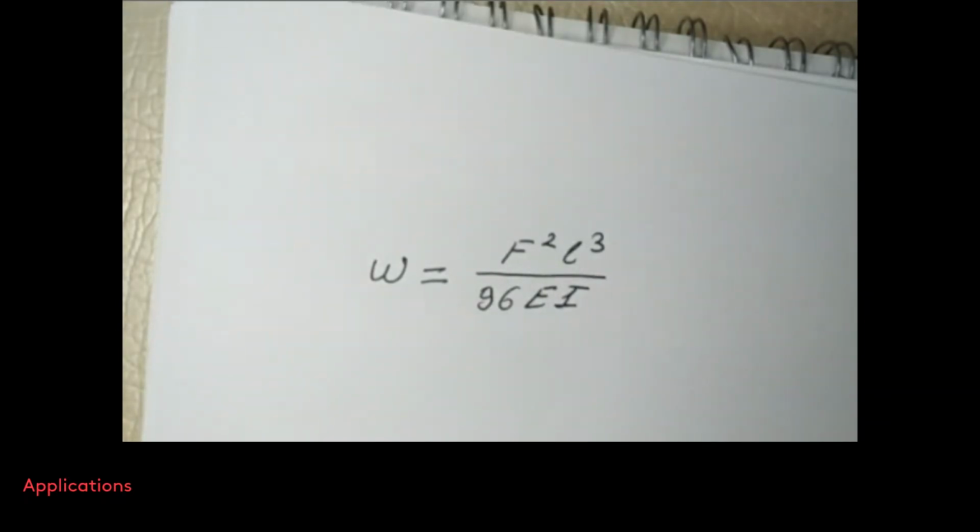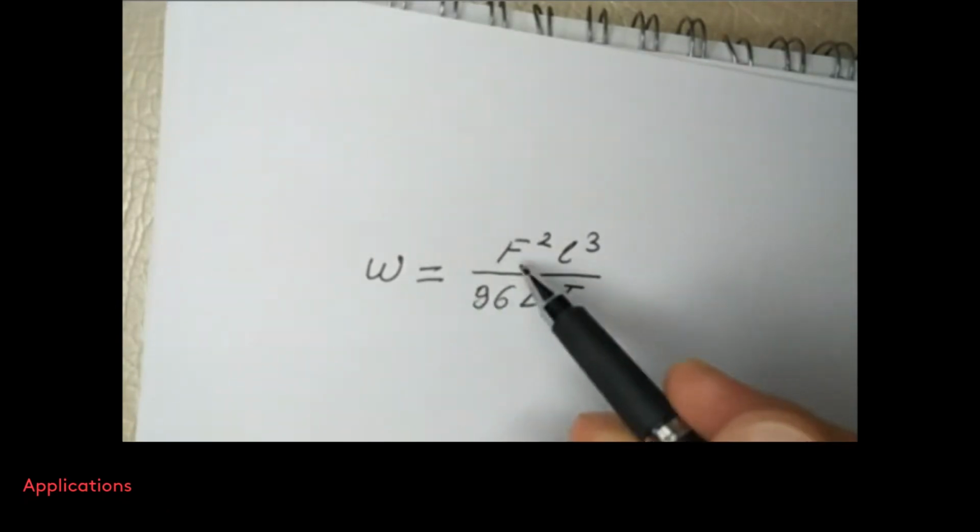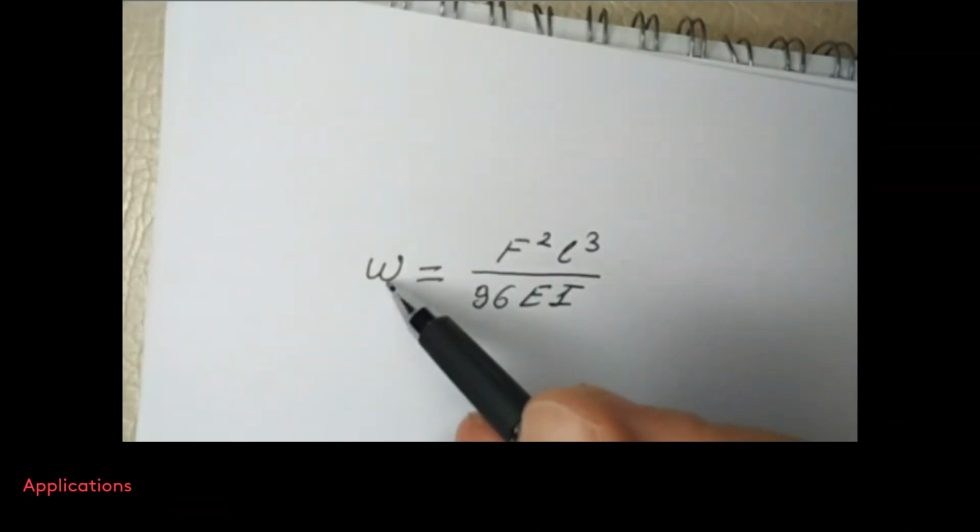Now, there is a theorem called Castigliano's theorem. It tells us that in order to find the displacement at the location of the force F, we just need to take the derivative of the strain energy stored in the structure with respect to the force.